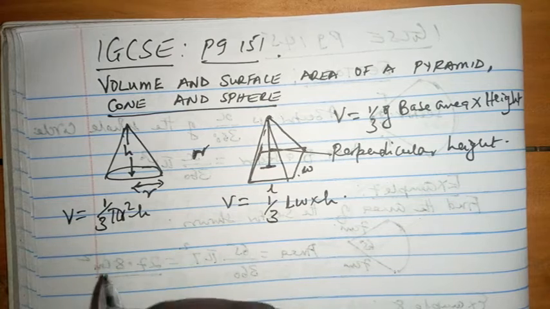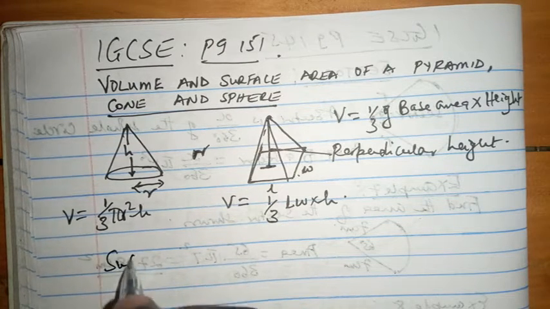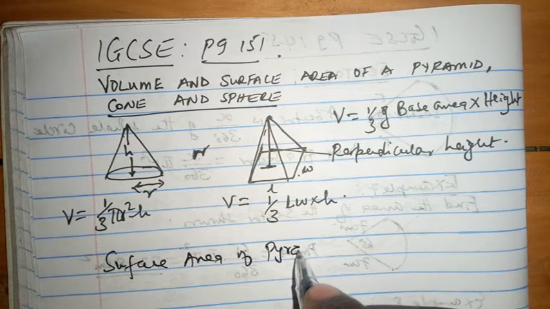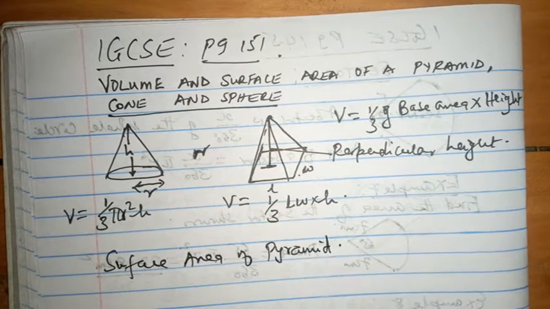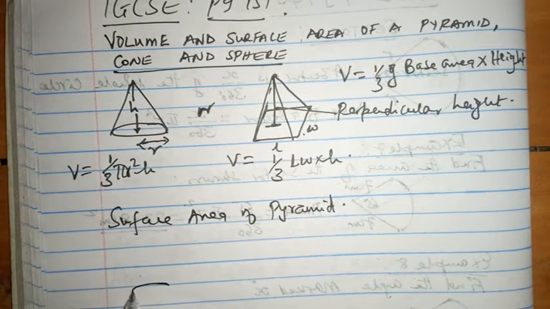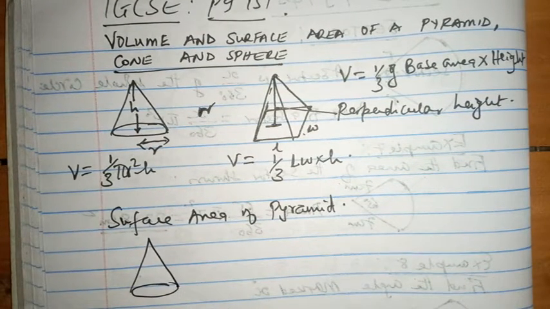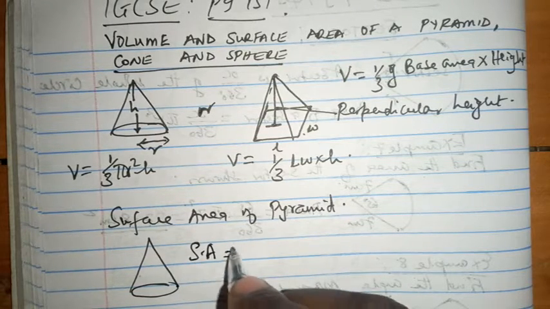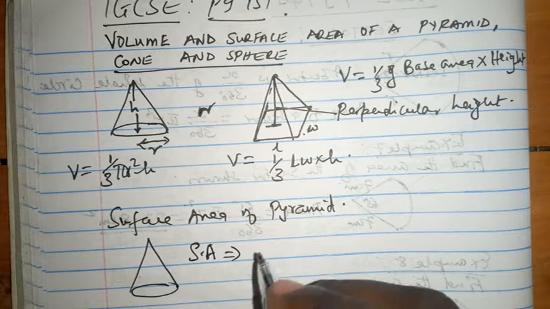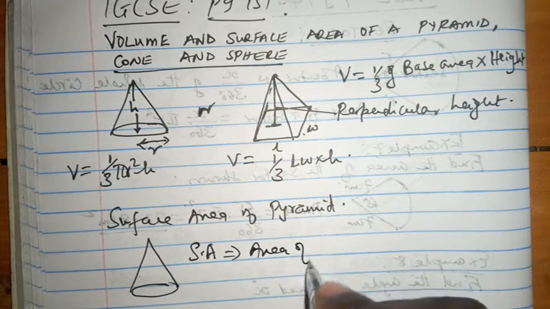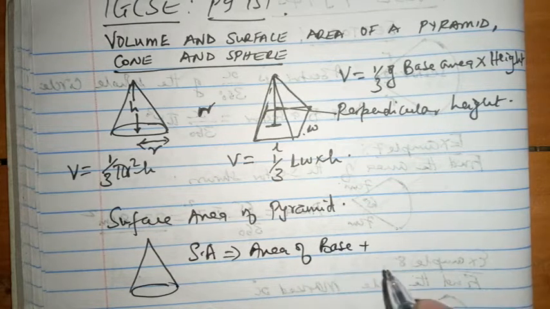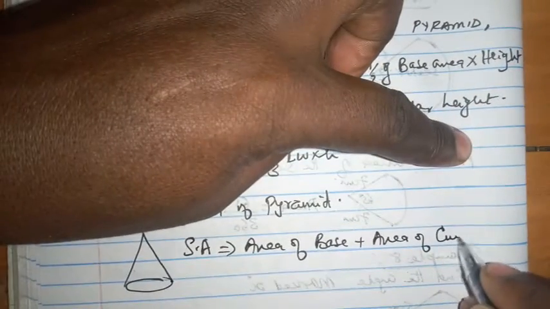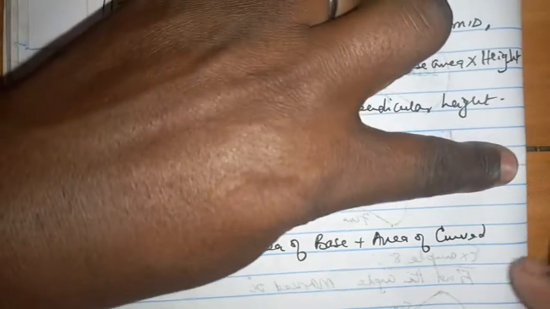But I would want to talk about the surface area of pyramids, and I want to separate the two. I want to talk first about a circular based pyramid. The surface area in this one is going to be area of base plus area of the curved surface.